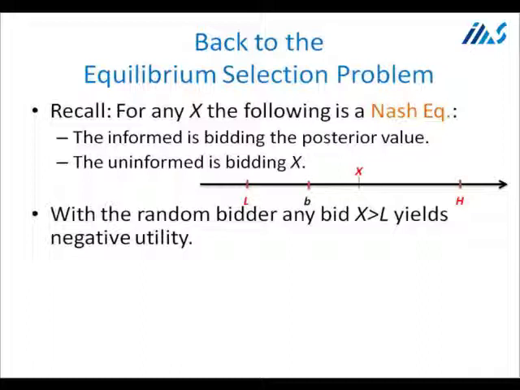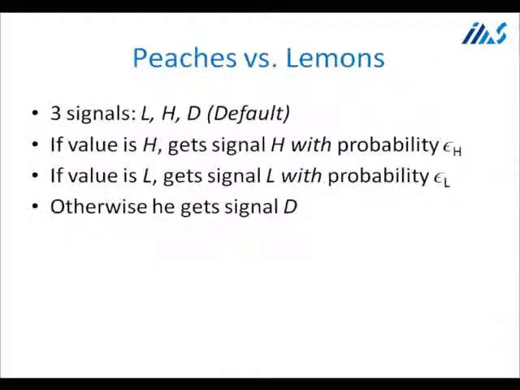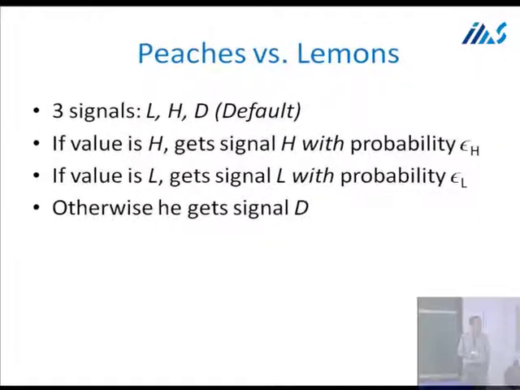So any bid over L is dominated now. He cannot bid more than L. Therefore, the unique equilibrium that survives is for the uninformed bidder to bid L, and the revenue is going to be L. We think of that as the most reasonable equilibrium when we have one bidder that is informed and one that is uninformed.